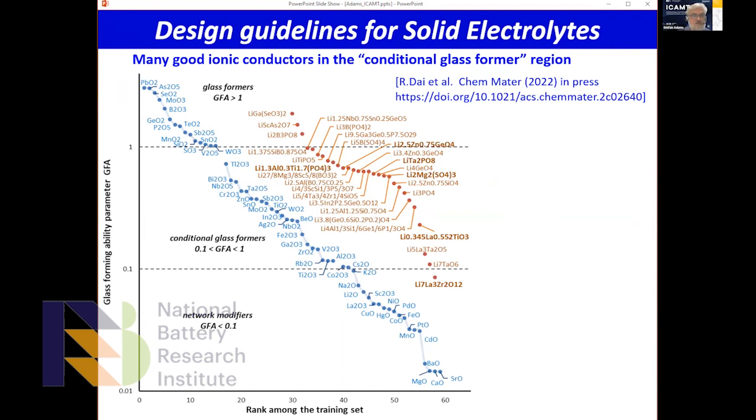So you can classify the materials as good glass formers, conditional glass formers, or network modifiers that destroy the network formed by these glass formers. And when you compare that with some known good lithium conductors, you will see many of them are in this upper range, at the boundary between conditional glass formers and glass formers. And there's a reason for that.